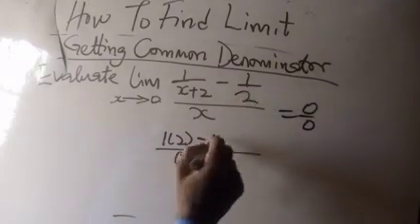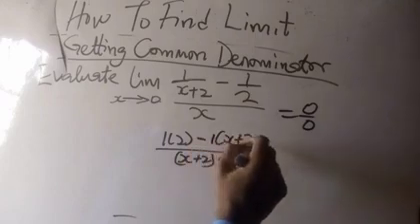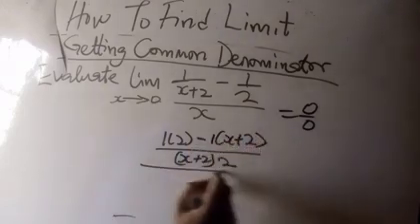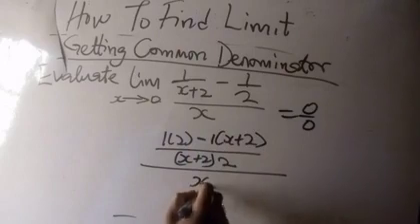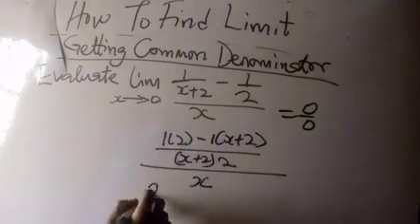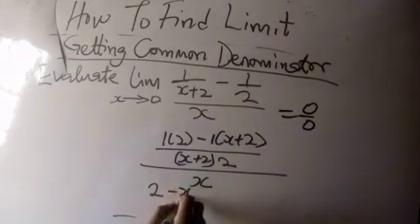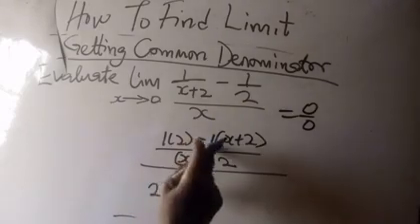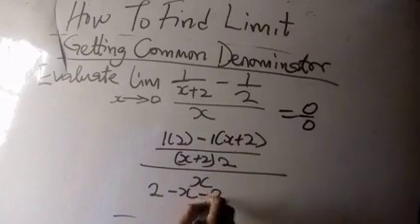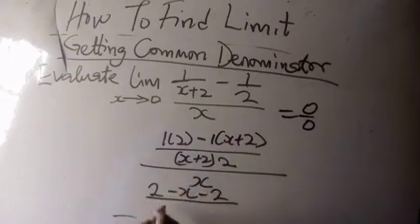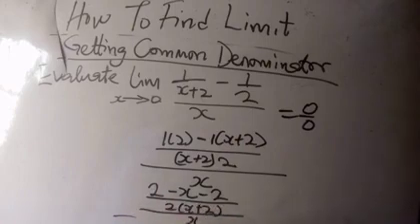So we have 1 multiplied by x plus 2, everything all over x. If we open the bracket, we have 2 minus x, 1 multiplied plus 2 minus 2, divided by 2x plus 2, everything divided by x.